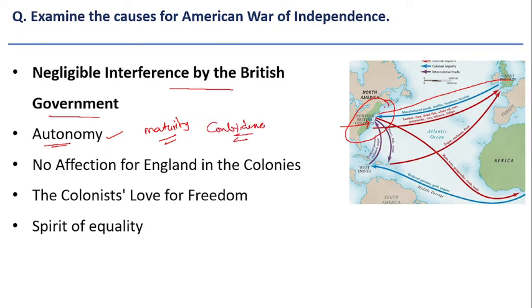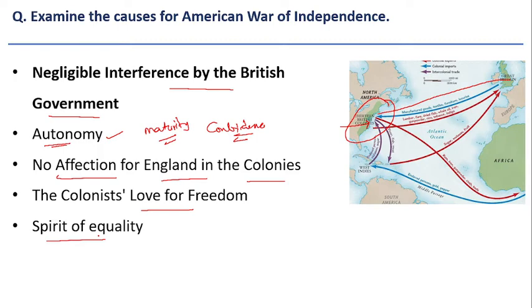Even though many colonists came from Great Britain, there was no affection for England in the colonies. The colonists' love for freedom and spirit of equality made them go for the American War of Independence. Even though the British government ruled these colonies, autonomy was given to them.